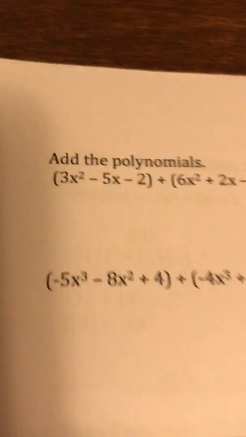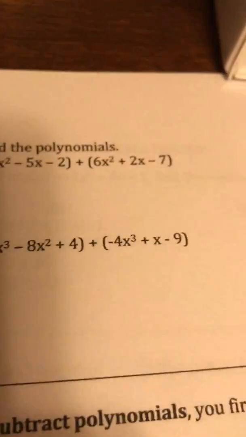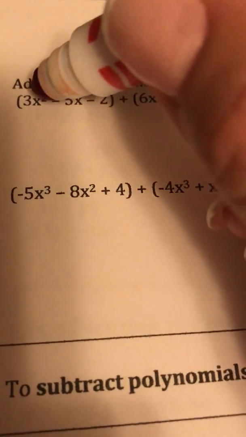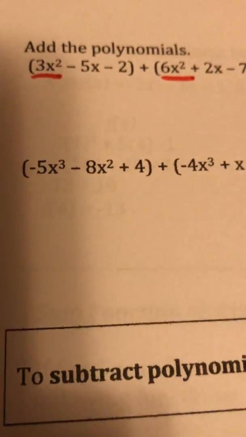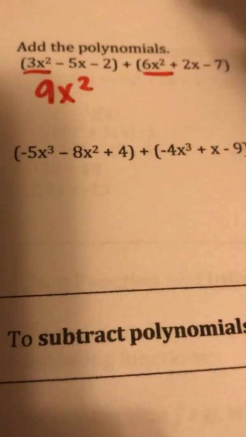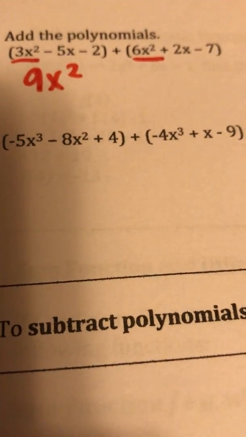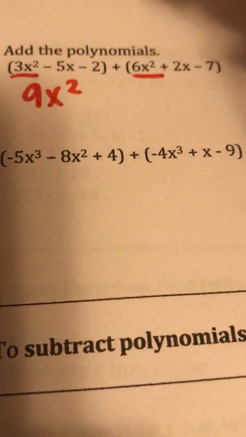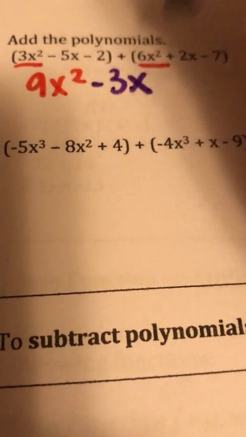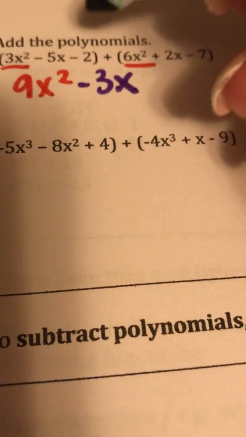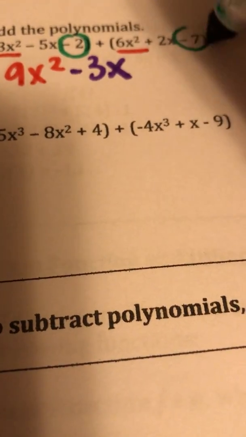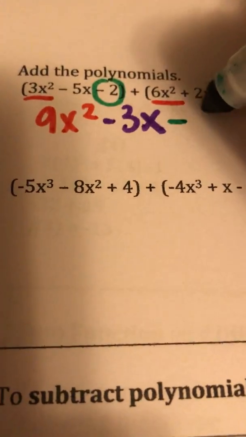So let's try a couple here. All right. If I'm looking here, I see that I have x squared here and here. So 3x squared plus 6x squared is going to be 9x squared. Then negative 5x plus 2x is negative 3x, and then we have negative 2 minus 7, which is negative 9.